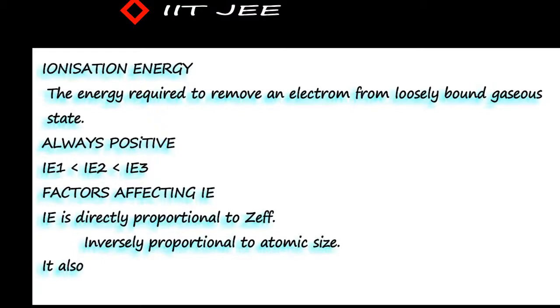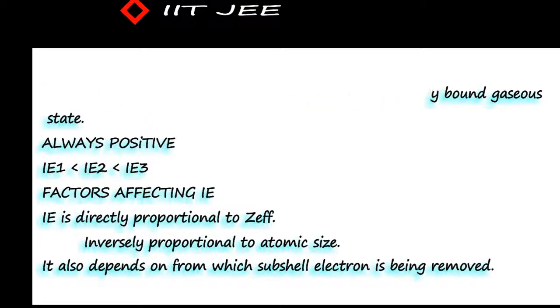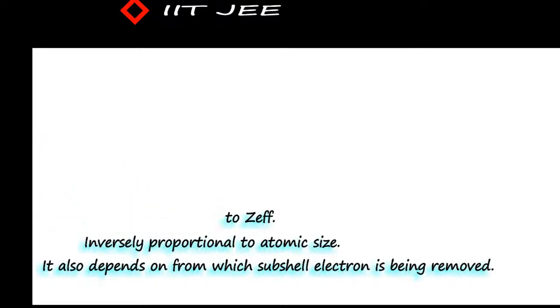Ionization energy is directly proportional to Z effective and it's inversely proportional to atomic size. It also depends on which subshell the electron is being removed from. That is, the nearer the subshell is to the nucleus, the harder it will be to remove the electron. That is, more ionization energy will be required to remove the electron from that subshell.